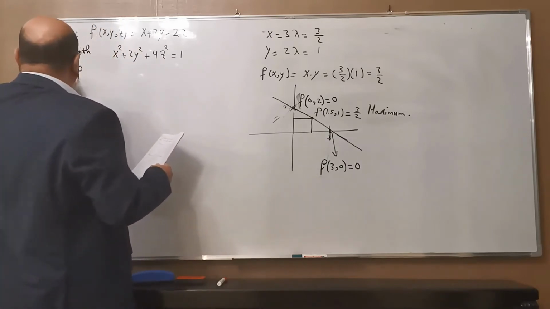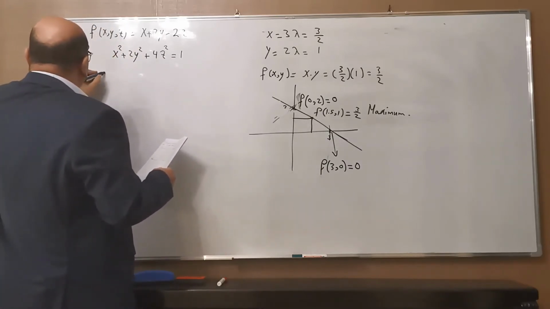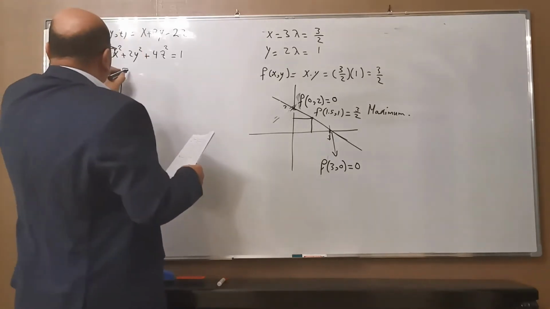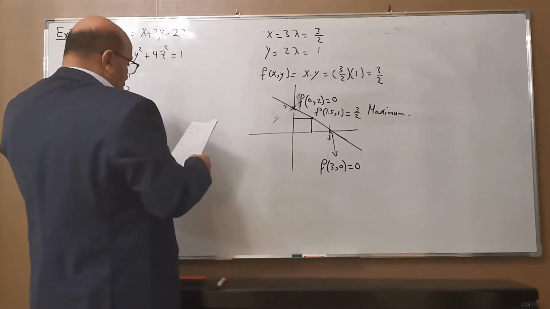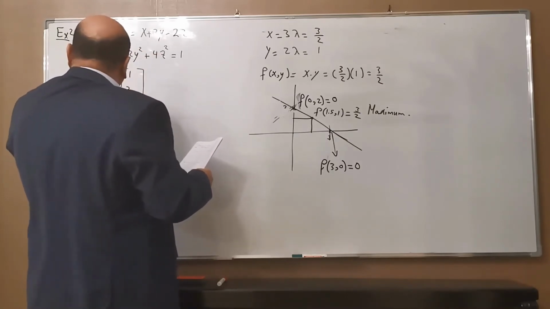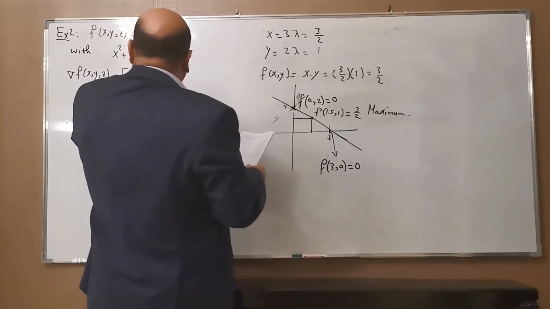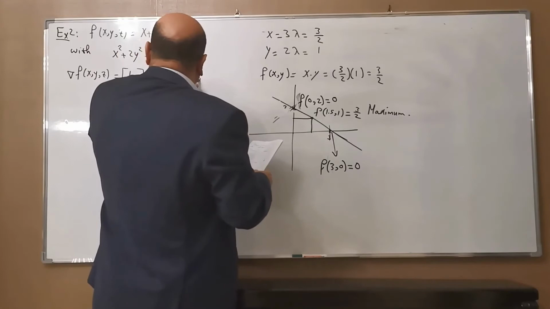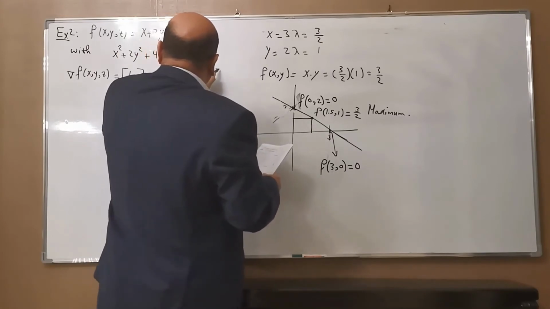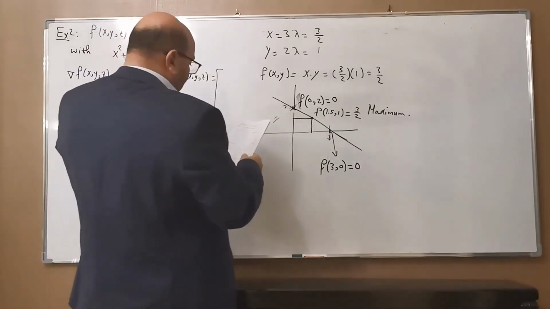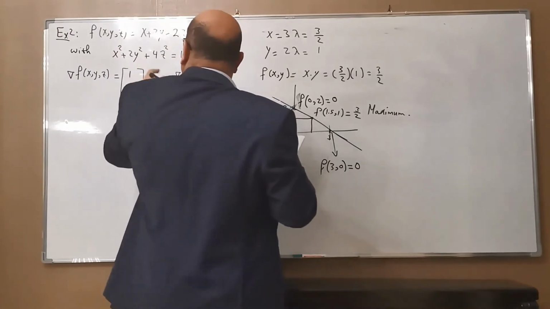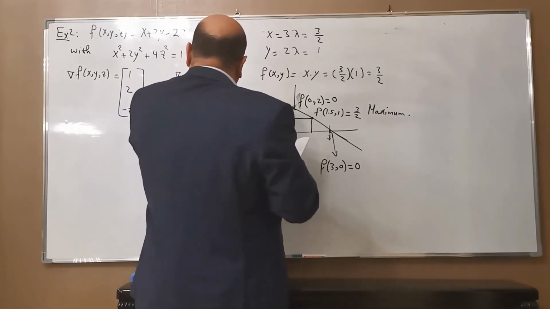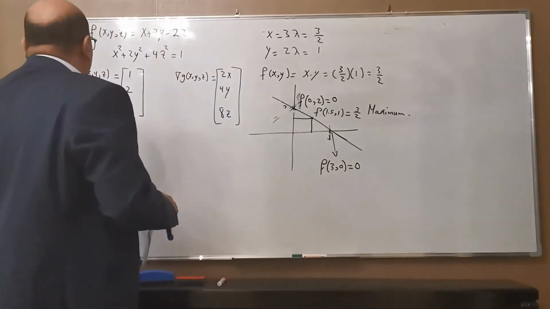We need the gradient of f of x, y, and z, which is equal to 1, 2, and minus 2 with respect to z, and the gradient of g of x, y, and z equals 2x, 4y, and 8z. So this is the gradient.